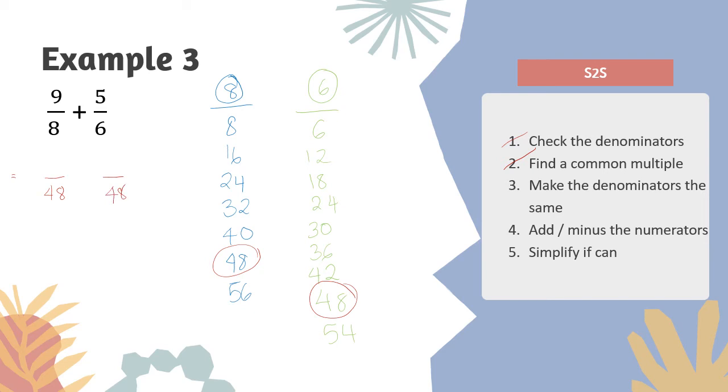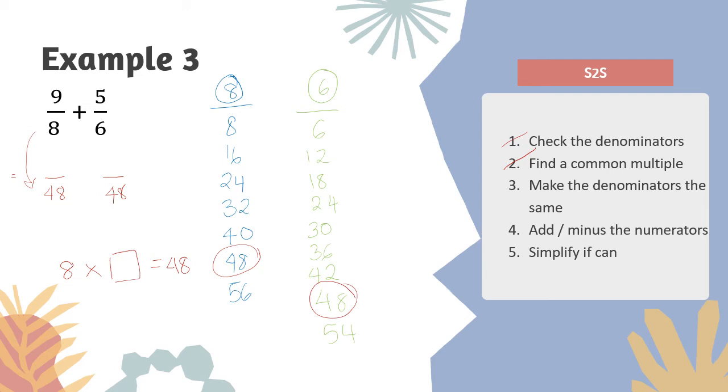How are you going to change 8 to 48? 8 times what gives you 48? So let's look at multiples of 8. So we have 1, 2, 3, 4, 5, 6. So this means 48 is the sixth multiple of 8, which means 6 times 8 is 48.